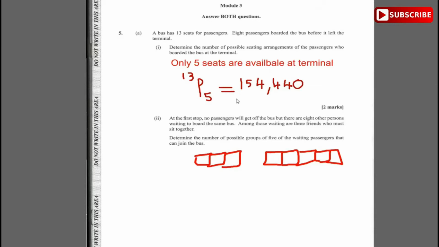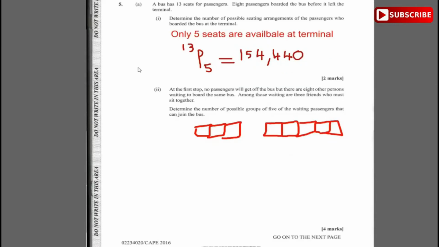All right. And so the number of ways is going to be equal to either all 3 of them join, so choosing these 3 from these 3, times choosing 2 from this 5, plus, if none of them join, then we're just choosing 5 from 5 here.